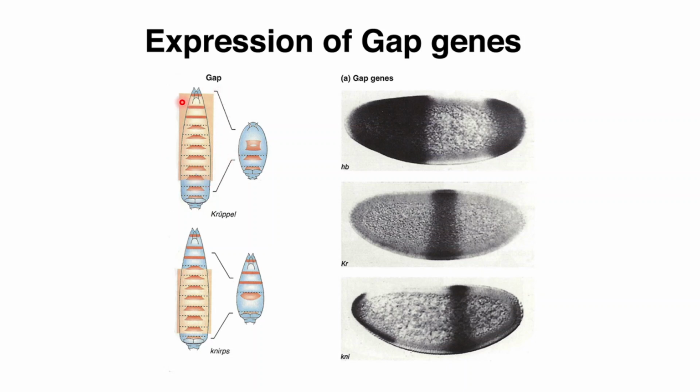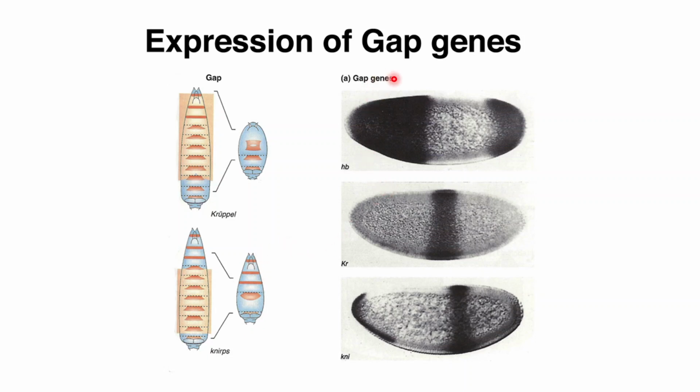This brown shaded region is the expression profile of Krüppel, and Knirps overlaps with certain parts of Krüppel expression, but still all these genes code for large body segments of the organism. Hence when we have a mutation, we have these shortened phenotypes that we see here.